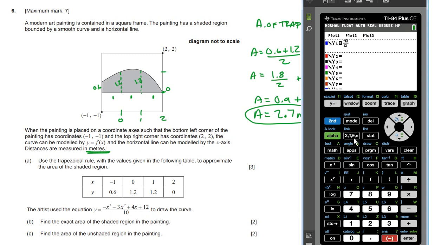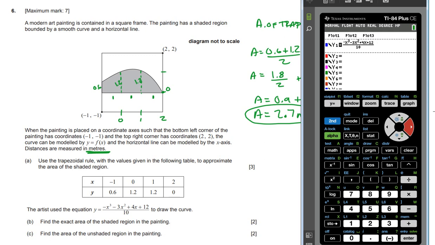So we got negative x to the third, go over, so we get out of the power there, minus 3x squared. Okay, and then plus 4x plus 12 on the top, and then on the bottom we just have 10. So there's our equation.